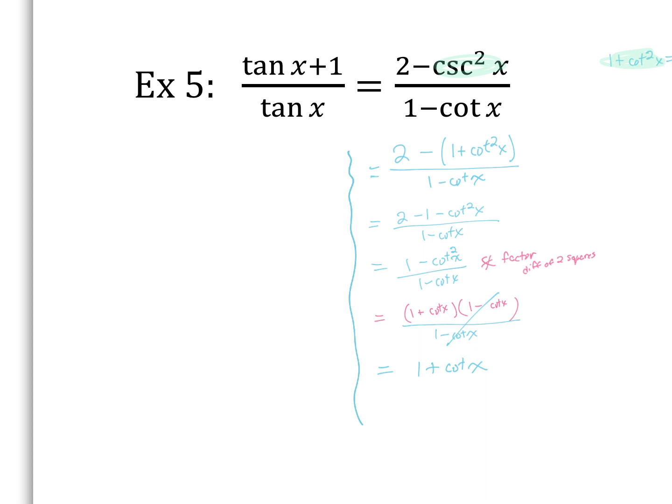What do we have to do first? We have to break it up so we have our common denominator, right? You're on the right track, Carly. But we definitely have to break it up first. So we have to say tan of x over tan of x plus 1 over that tan of x. We have our common denominator, we can break it up and put each individual term over that common denominator. And that does give us then 1 plus cotangent x, which is what we were looking for.